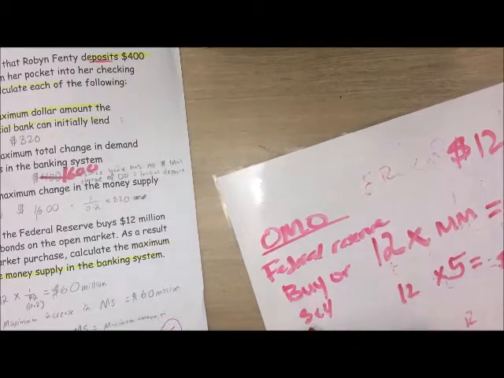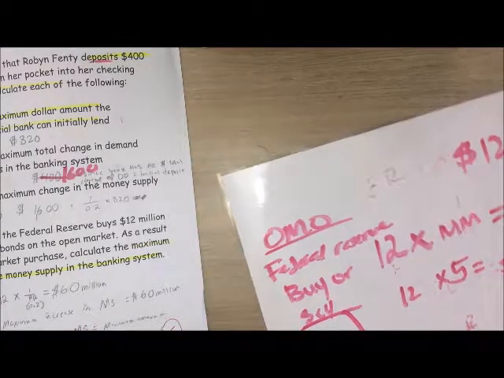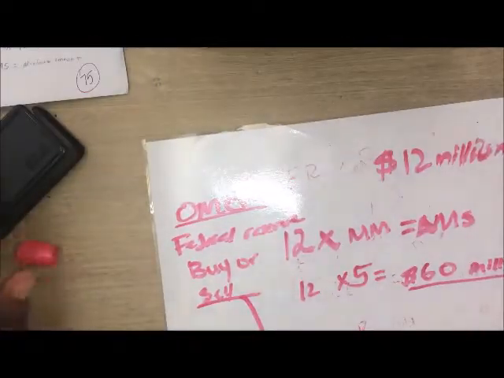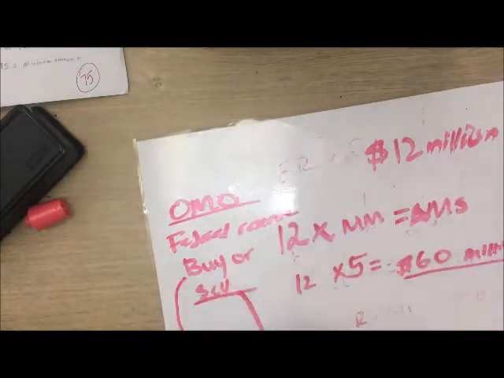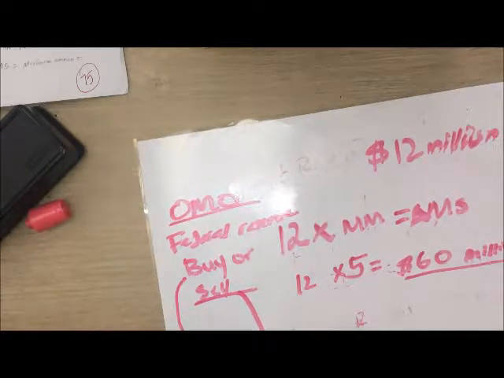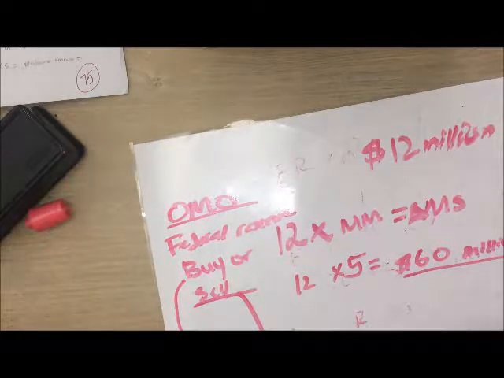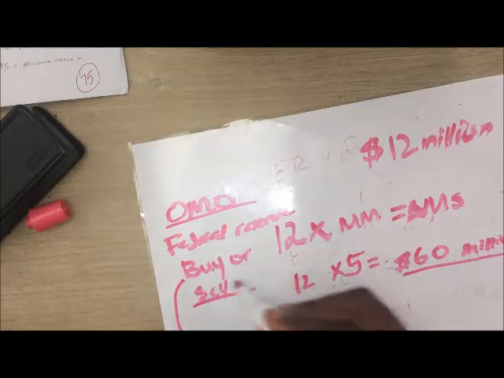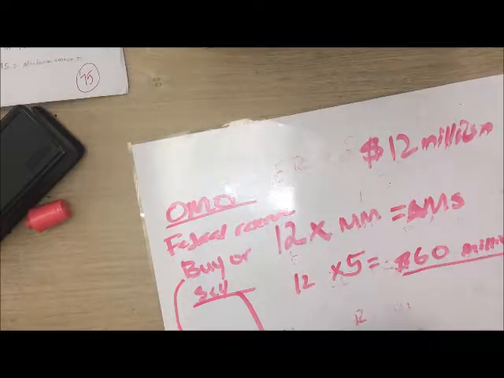When they sell bonds, the money supply decreases, but when they buy bonds, the money supply increases. Also, the federal fund rate will tie into both of these because these are both monetary policies.